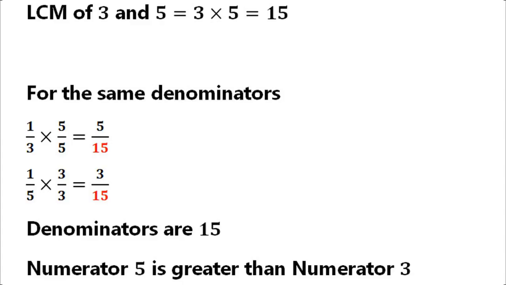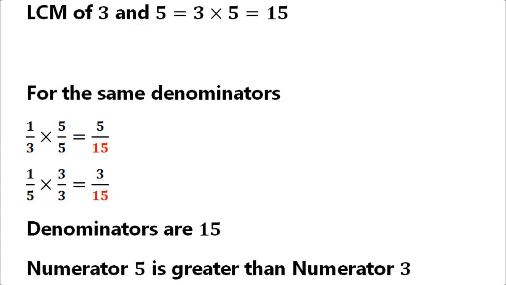Next, I will multiply both the numerator and the denominator of the fraction 1 over 5 by 3, which gives us 3 over 15. Now, the denominators of both fractions are the same. So let's check out their numerators. 5 over 15 is equal to 1 over 3, and 3 over 15 is equal to 1 over 5.